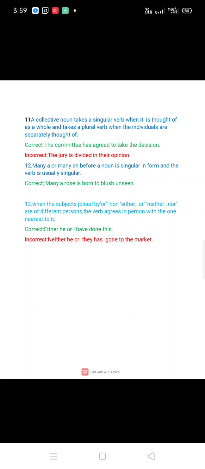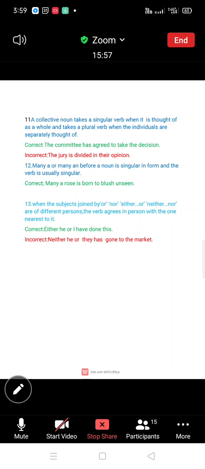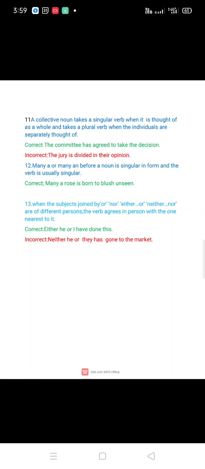Now, a collective noun takes a singular verb when it is thought of as a whole and takes a plural verb when the individuals are separately thought of. Like here you can see in the sentence, the committee has agreed to take the decision. Here the committee is a collective noun, okay.